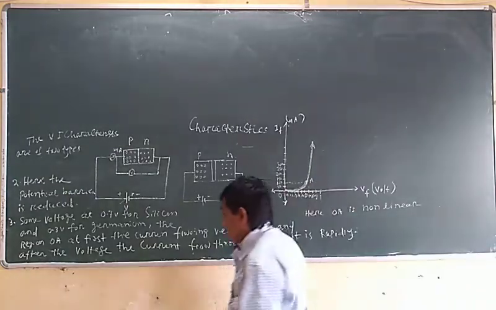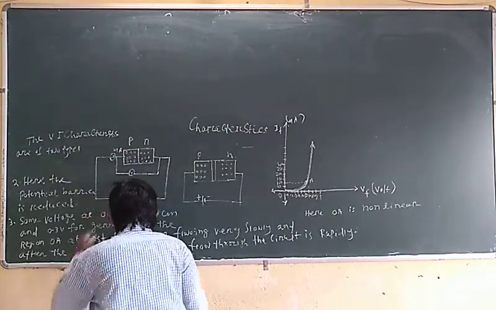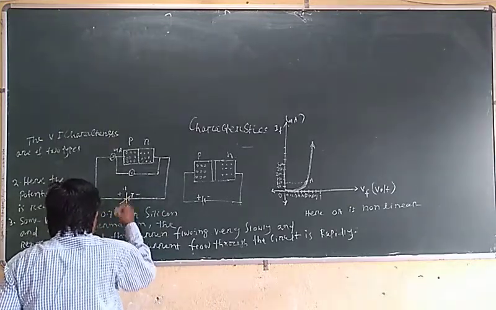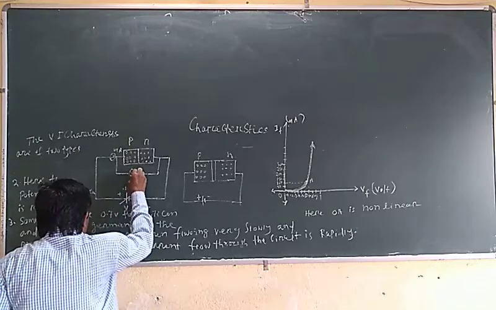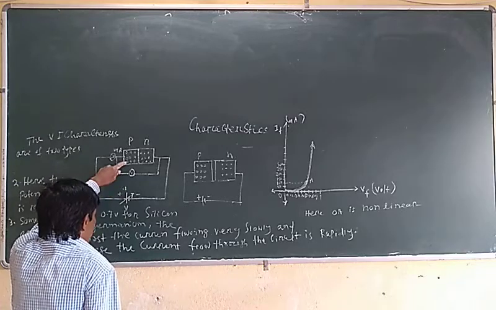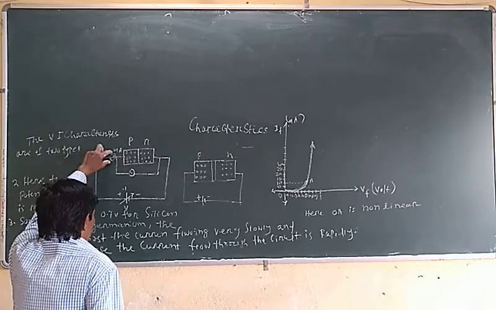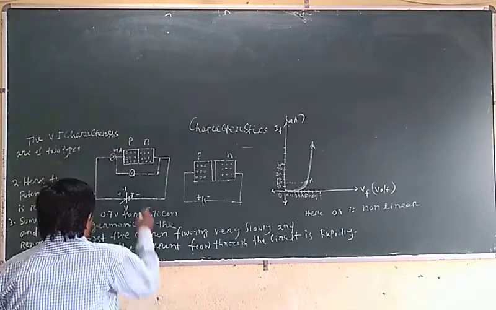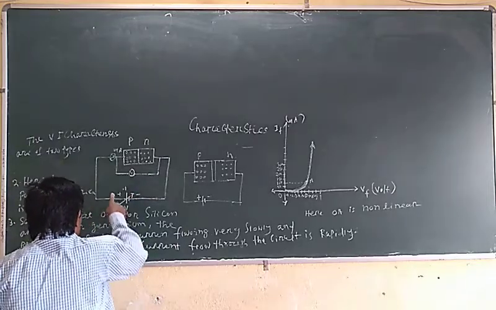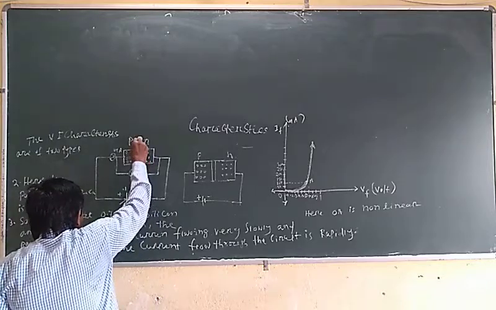So in this case, when we apply voltage, suppose we apply 0.1 volt, we measure it by this voltmeter, and how much current passes across the junction, we measure by a milliammeter. Suppose we apply 0.1, this circuit has no current because the potential barrier is 0.7 for silicon.